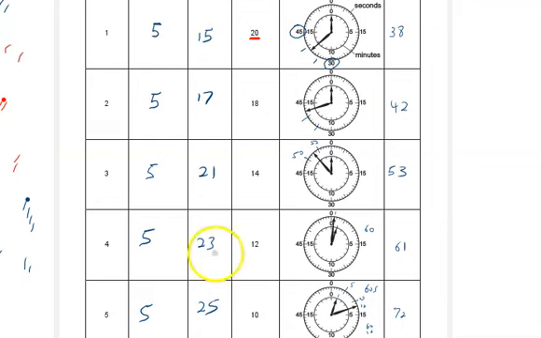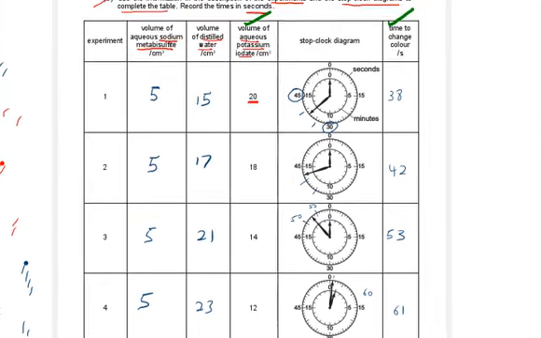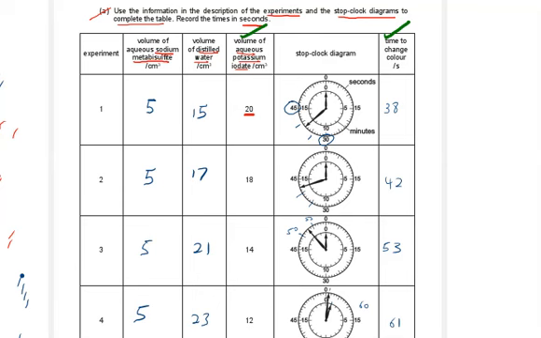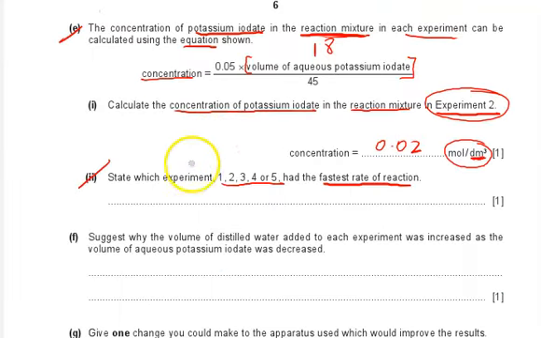Here there is much less distilled water, so the solution is much more concentrated, and it takes only 38 seconds. So this is the fastest. Looking back at the question, we put experiment number 1. We just follow the question. 1 mark is given.